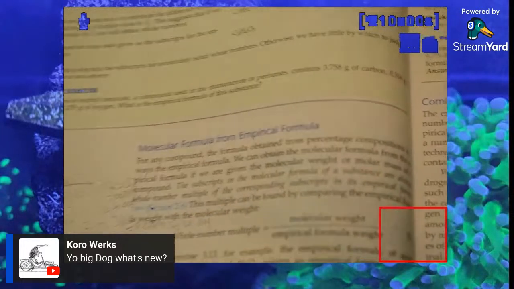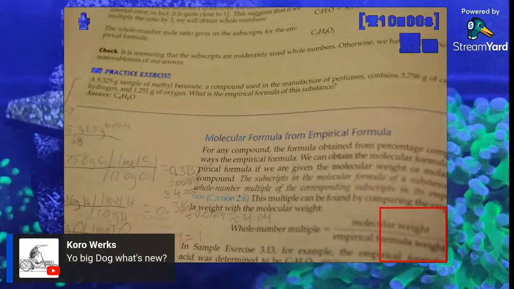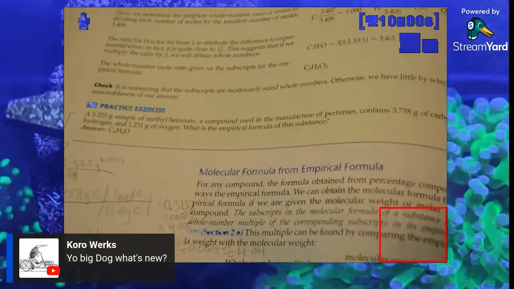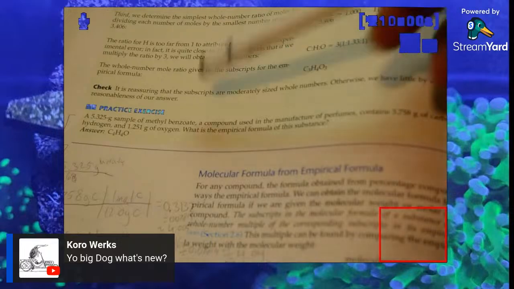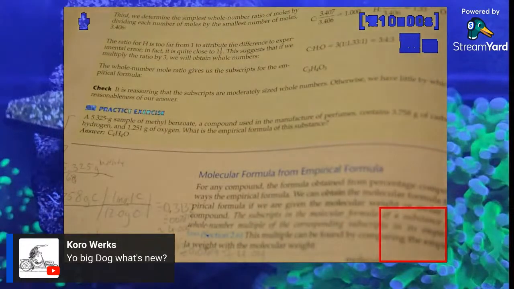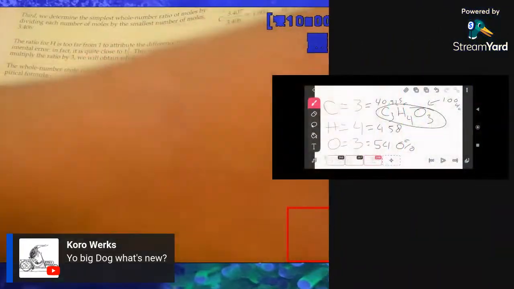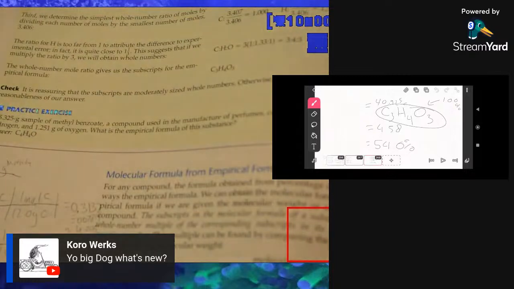Okay, perfect. This one's gonna be a tricky question. Right here where it says practice exercise, I'm gonna write and talk at the same time. I'm gonna read the question first and then solve it and then write it down.